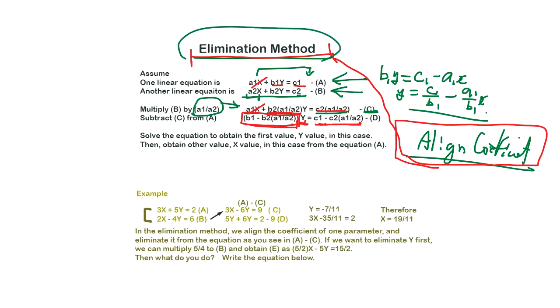So a computer can solve simultaneous linear equations easily. What it does is you check the second equation and check the coefficient and figure out what is necessary to align the coefficient and multiply that number to every coefficient, then eliminate it.